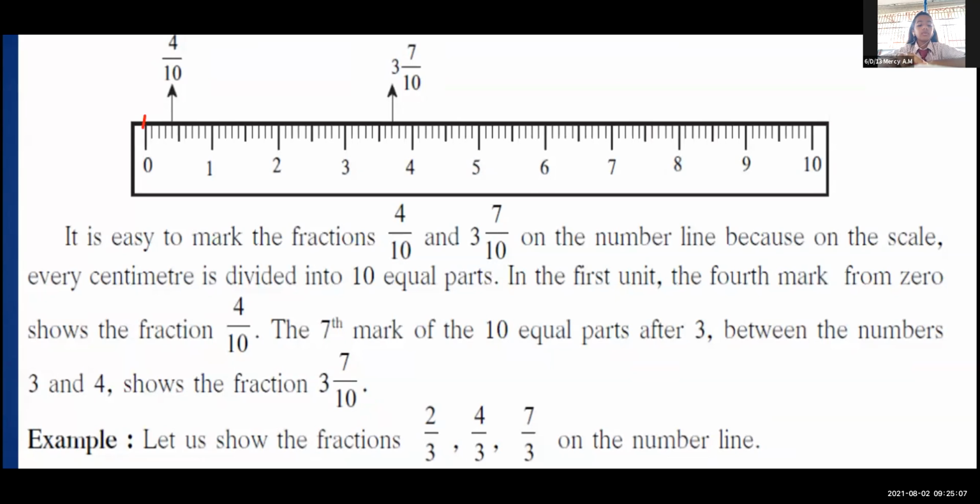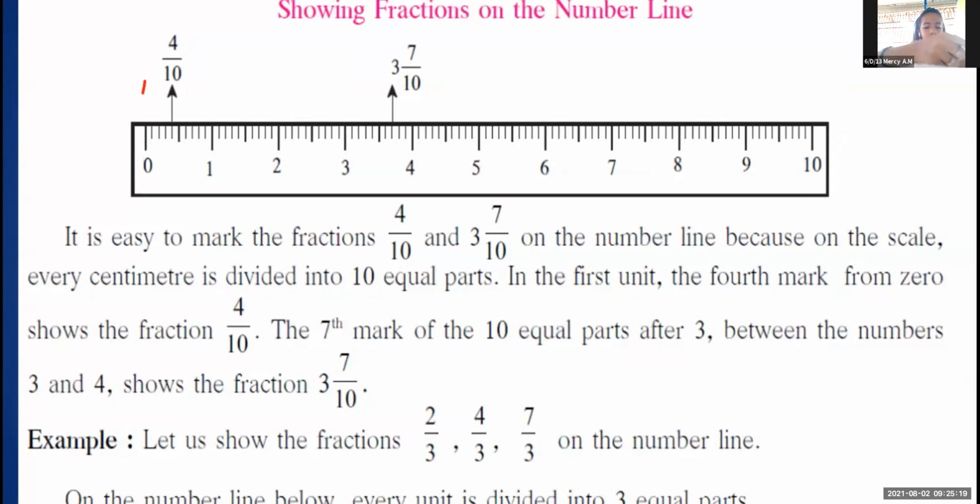After 10 a dark line is there. So the small lines are also there, and after the small lines, one big line is also there.